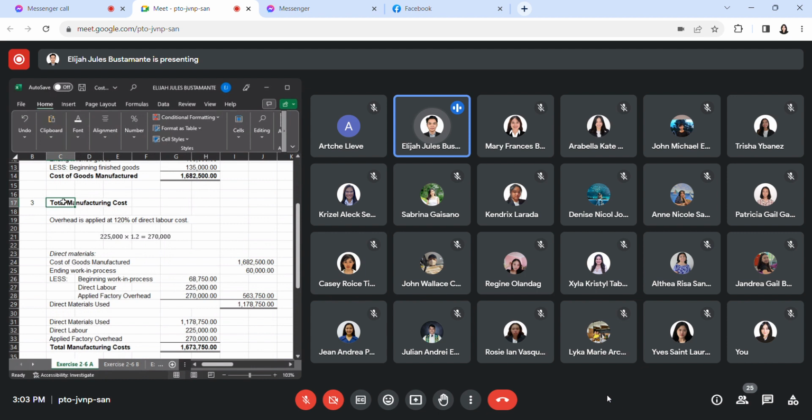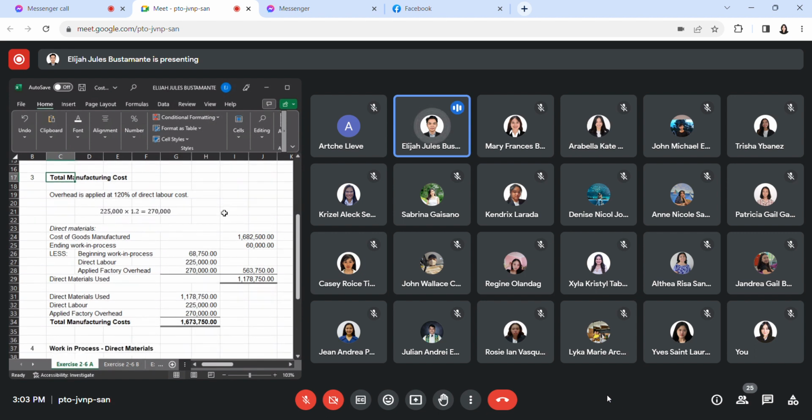So for number 3, we're looking for the total manufacturing cost. So the problem is solved using a modified cost of goods manufactured formula. But before that, nagkuha sa to ang applied overhead, which is, according sa given, 120% of the direct labor cost. So to get the overhead, we multiplied 225,000 times 1.2, so natay 270,000. And then, using na sa katong cost of goods manufactured, nag-modify na to, nagpangita ta sa direct materials.